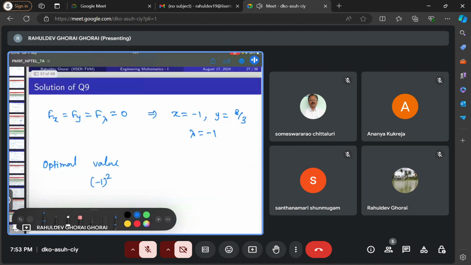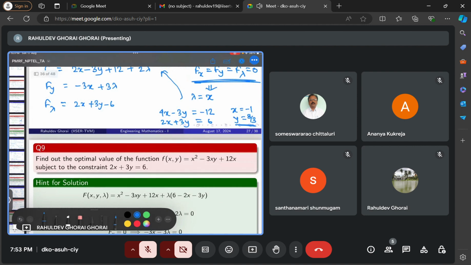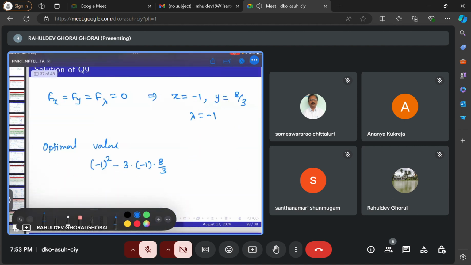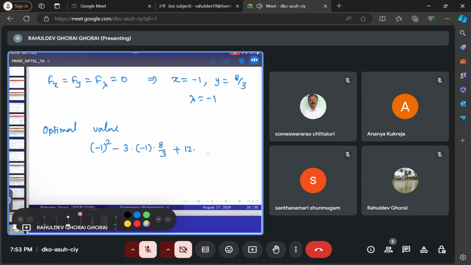Now minus 3xy, minus 3 times x times y, plus 12x, and 12x will be minus 12, right?